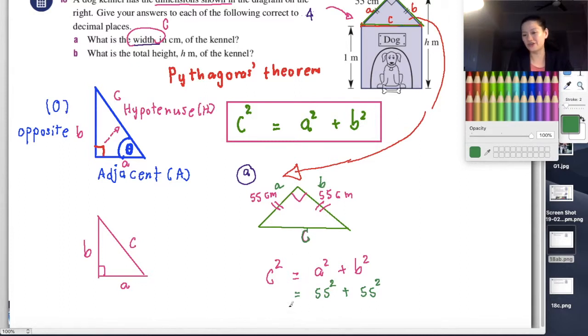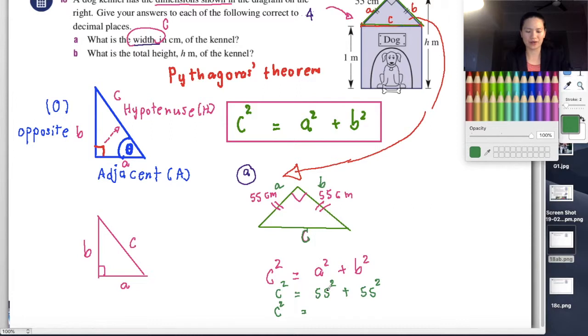Now you try to calculate. You can do it two ways. Method 1 might take more time. You just do 55 squared plus 55 squared and write down the answer here. If I do it really slowly step by step for you, 55 squared plus 55 squared, I just paste it into the calculator.